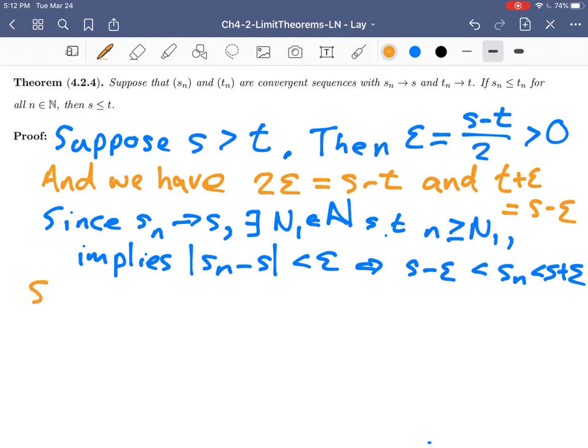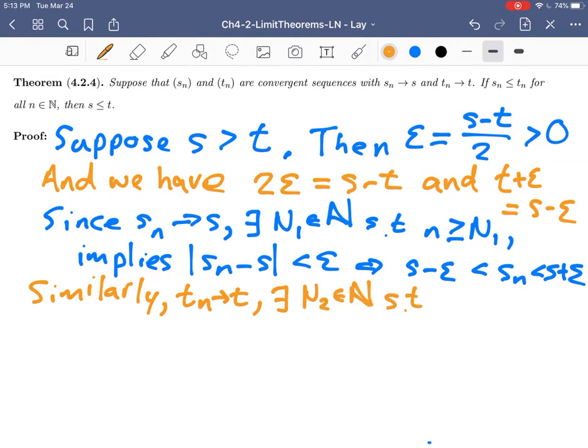Similarly, T sub n goes to T, so there exists some n2 such that whenever we have n bigger than n2, this implies that the absolute value of T sub n minus T is also less than epsilon.